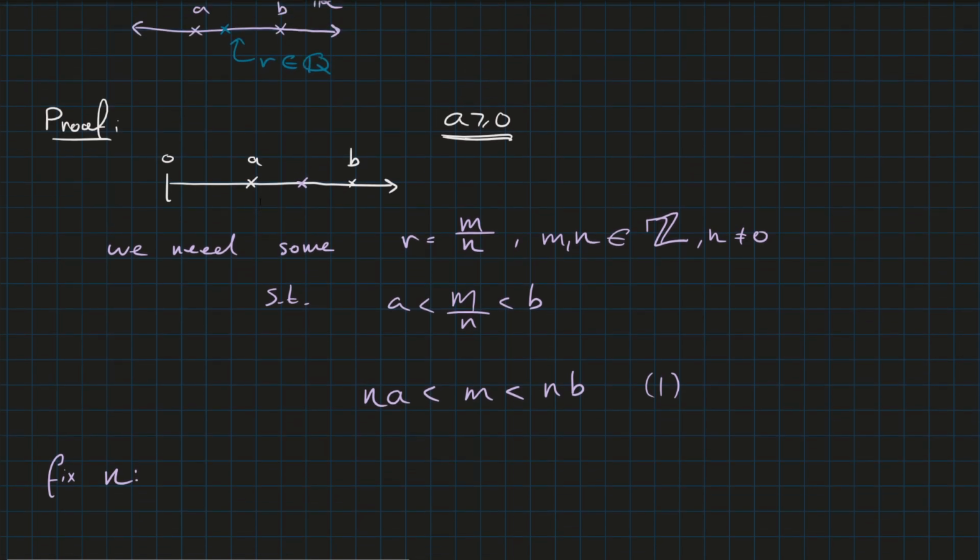How? Well, we want our fraction to land in between A and B. So we can think of the rational numbers here. If I have my numbers M over 2, then I've broken this up into halves, into these increments of a half.